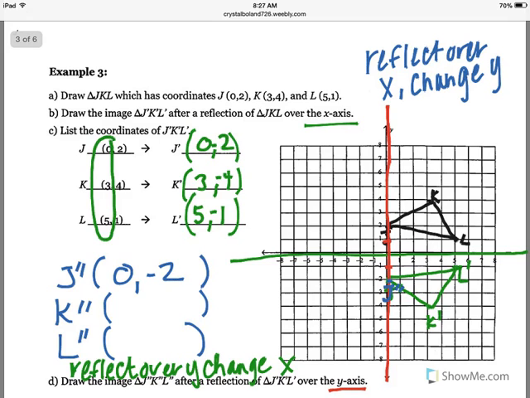So for K double prime, if I look at K prime and I reflect over y, I'm going to change the x. Using these coordinates, I can find K double prime by changing the x to the opposite, which would be -3, and keeping the y the same, which is -4. Then I can plot that at -3, -4.